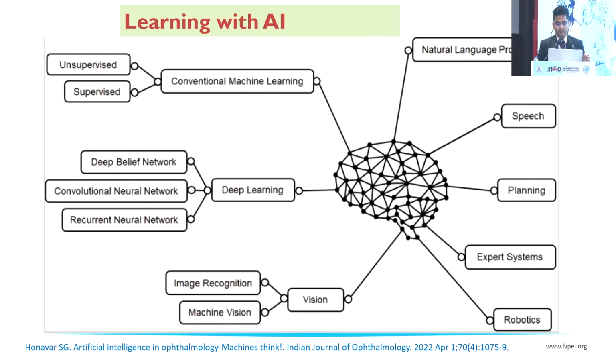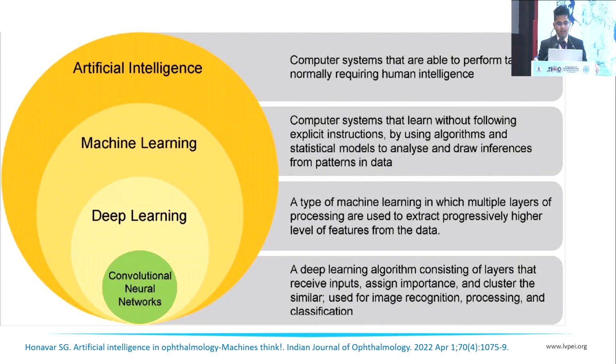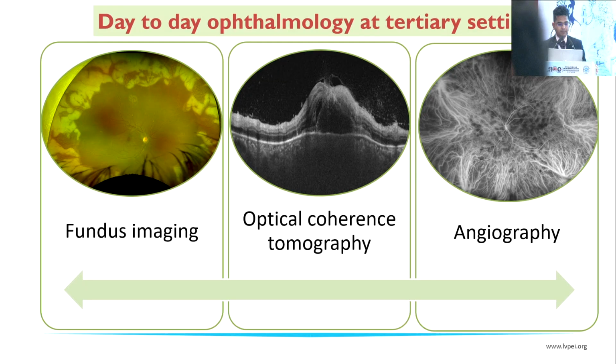Going on to the later stages, where image recognition and machine learning are among the predominant ones. AI is the biggest circle that we have, and then machine learning, deep learning, and neural networks. Machine learning was used very often in the SUN classification, for example, when they come up with toxoplasma.